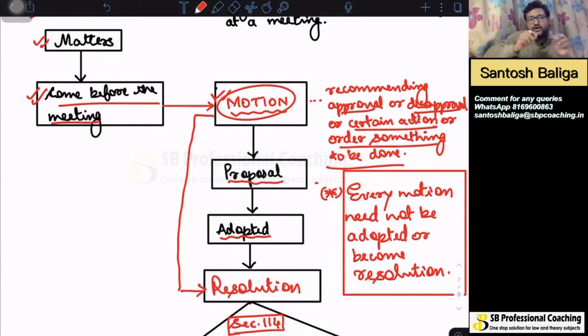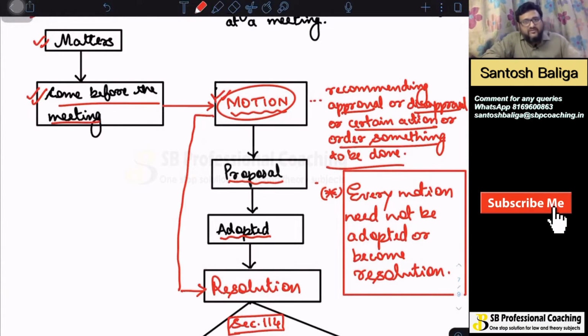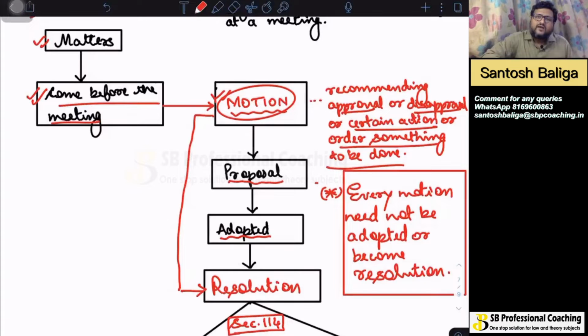So you are able to understand the difference between motion and resolution. Motion means anything placed in the meeting for approval or disapproval from the shareholders. Once it is voted upon by show of hands or by electronic means or by poll or by postal ballot, and if the votes are received in requisite majority in favor of the motion, then it is said to be adopted and called a resolution.